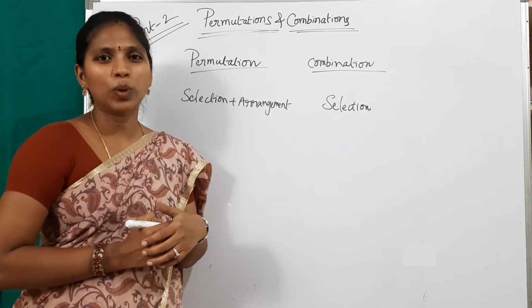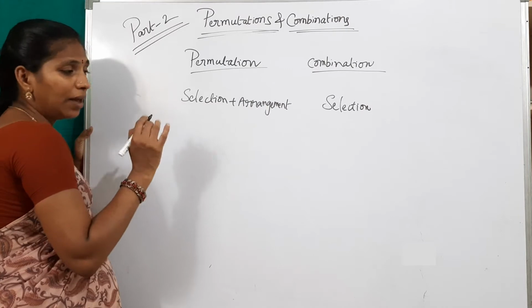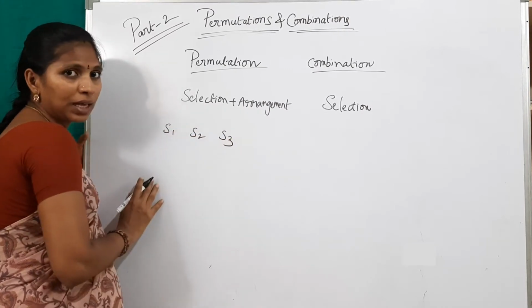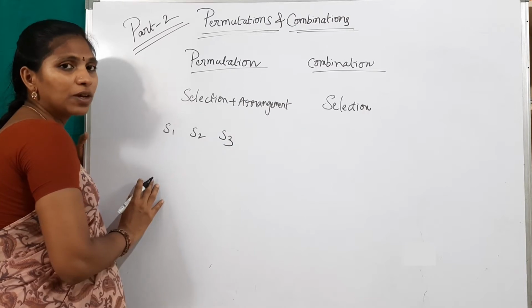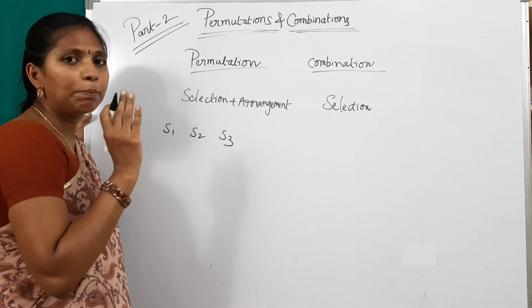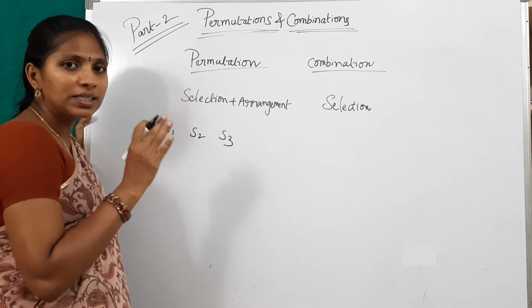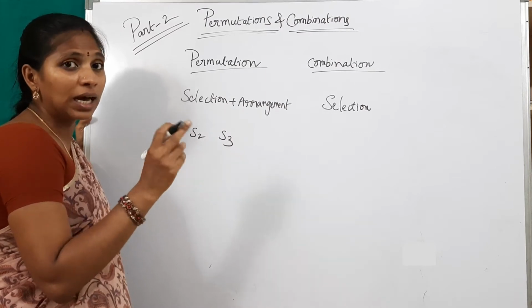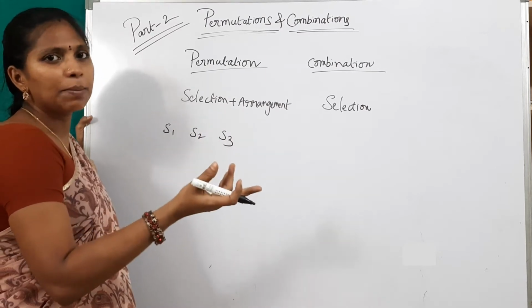Let me explain with one example. There are three bus stations, S1, S2 and S3. How many different types of tickets must be printed so that a passenger can travel from one place to another place? Means any place to any other place.